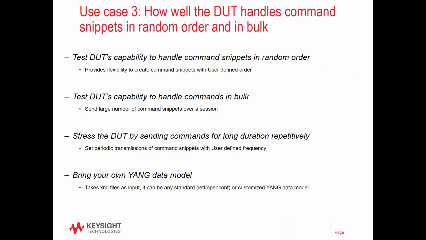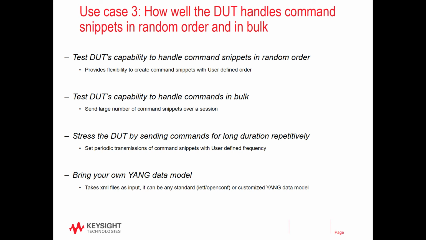Next is how well the DUT handles command snippets in random order in bulk. As per NetConf, any configuration is basically atomic, so it is called a transaction, not a configuration. Each transaction consists of multiple configuration commands, and within a transaction the order of the configuration commands doesn't matter.